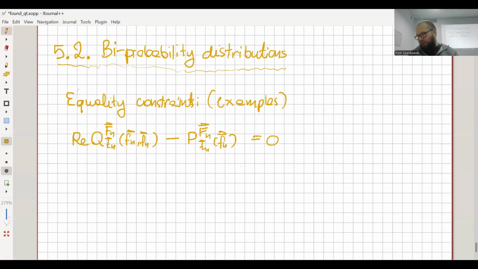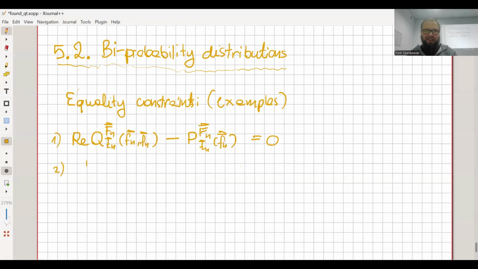Another constraint would be, well, we can put the numbers, or not necessarily, it's just examples. Of course, it's not only one, because for every choice of sequence of times, it's already an infinite number of constraints.